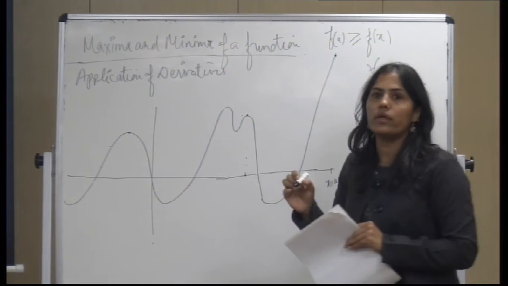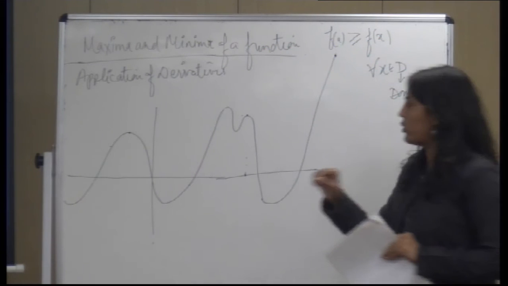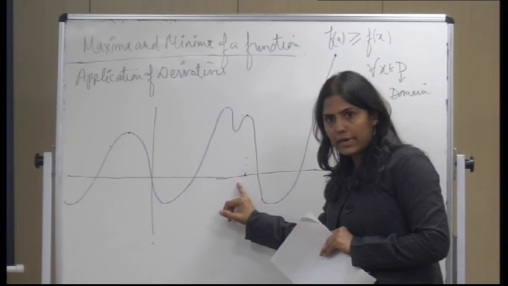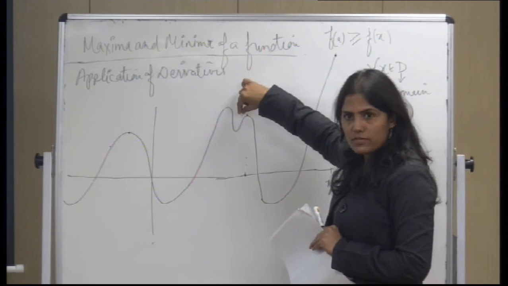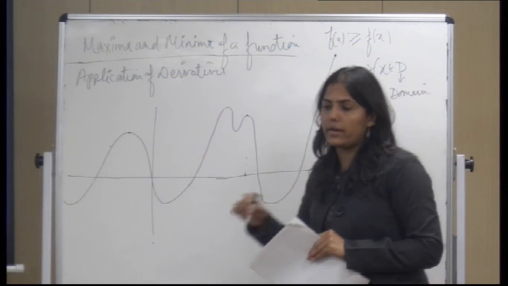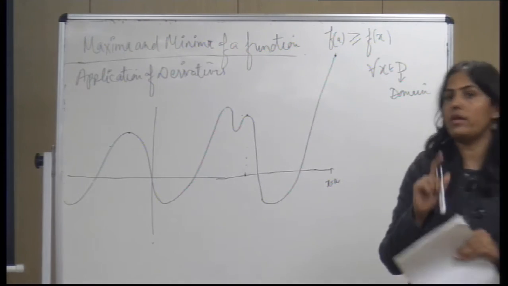And one more thing, this is very important. At this point, this value is maximum. If this is the maximum value, then the derivative at that point, listen, this is really very important.